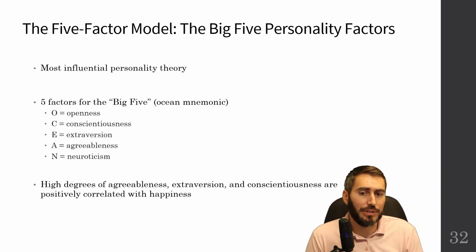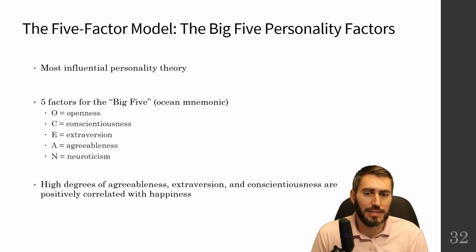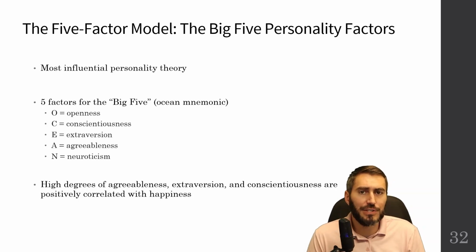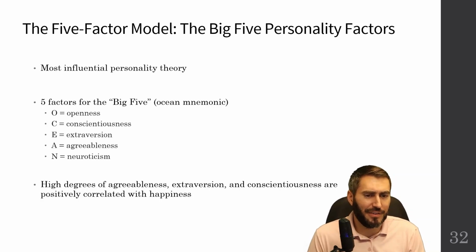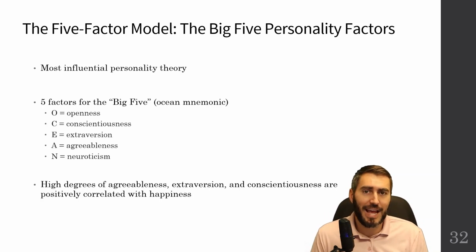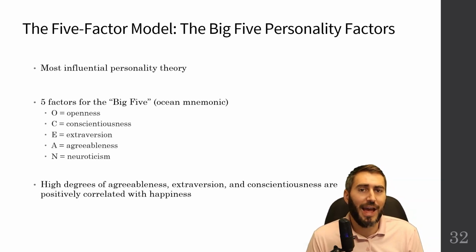A for agreeableness, and then N for neuroticism. And so again, each of these plays a role in identifying someone's personality, where they may range on each of these 5 dimensions, and that creates their unique personality based on these 5 factors. A fun little anecdote here is that agreeableness, extroversion, and conscientiousness tend to be associated with happiness when we see higher values in those 3 things.